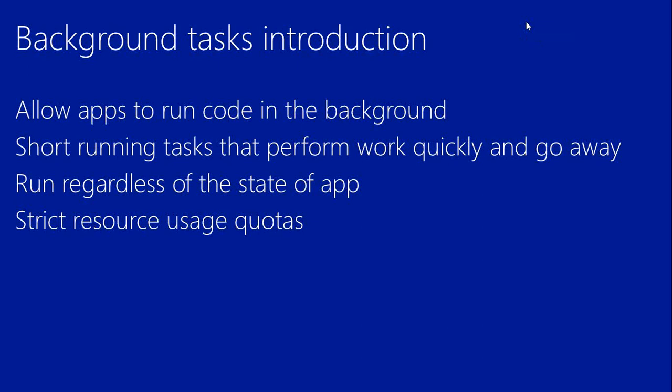Since these tasks run in the background and we want Windows 8 to use the system resources properly, so that we can conserve the battery and not overuse it, or give a bad user experience, we have decided to give a particular resource quota to each background task which runs. If the application overdoes the resource quota, we send it a cancellation and it has to cancel the background task and terminate. If it is at par with its resource quota, then it's fine.